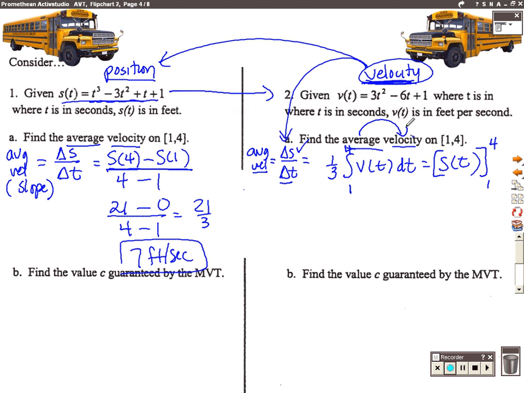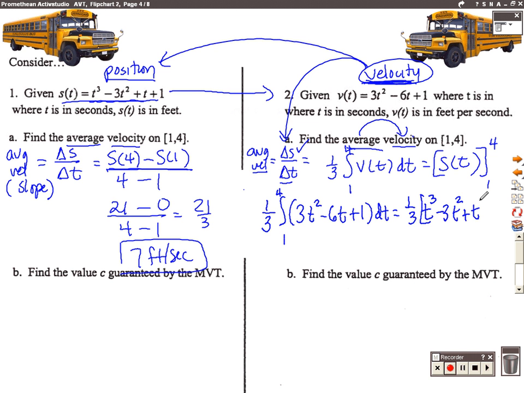So in this case, I would have 1/3, there's my change in time, the integral from 1 to 4 of 3t squared minus 6t plus 1 dt, which would give me 1/3 of, now watch this, t cubed minus 3t squared plus t from 1 to 4. Now you may be thinking, oh, wait a minute, what happened to my plus 1?